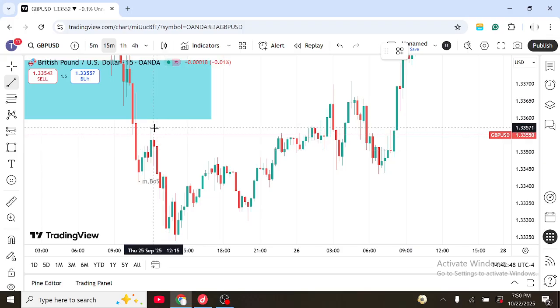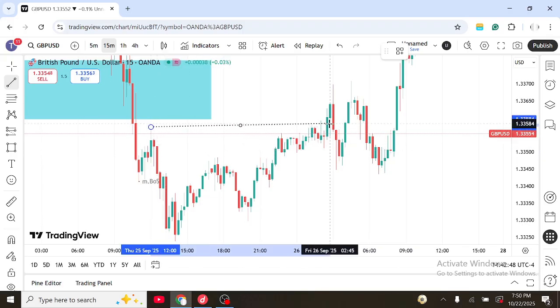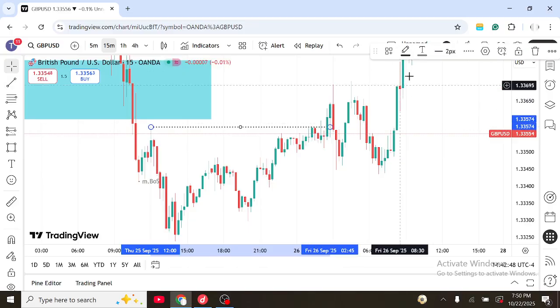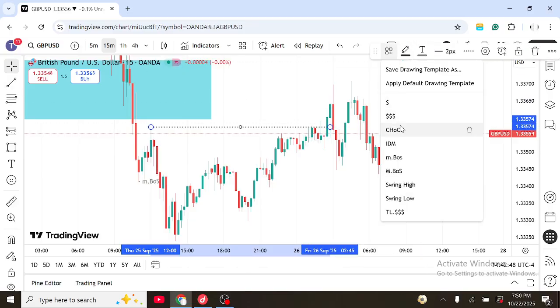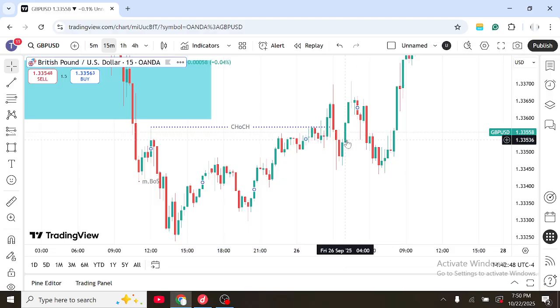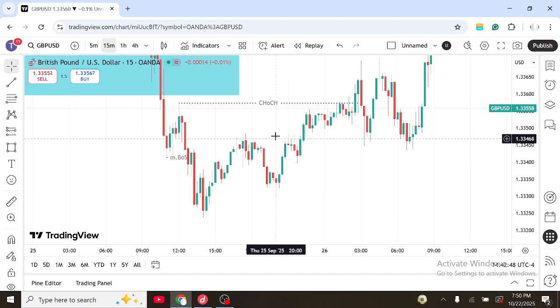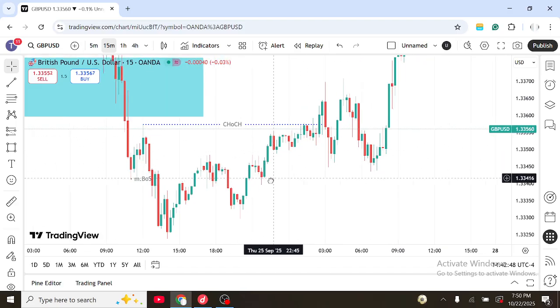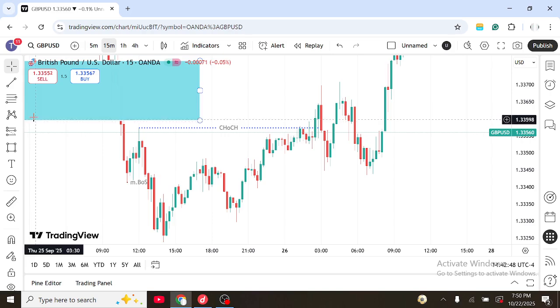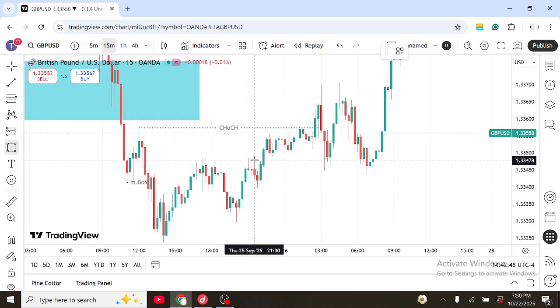No. So this is going to be our swing high, and the swing high turned to what? To change of character because price closed above it. So now I am interested in the market. So we now have to look for the order flow. So my order flow, this is going to be my order flow.